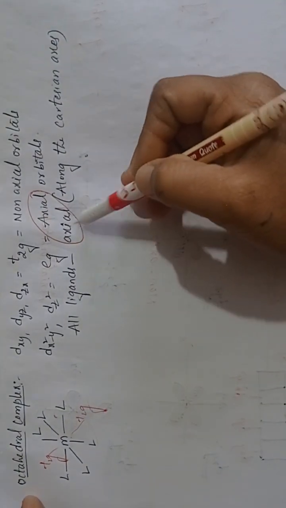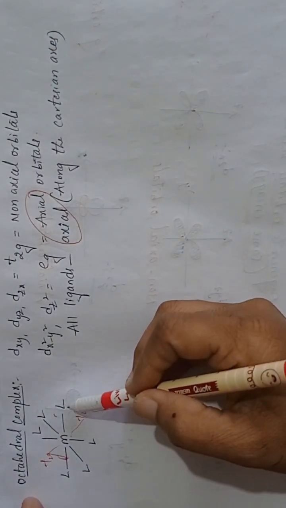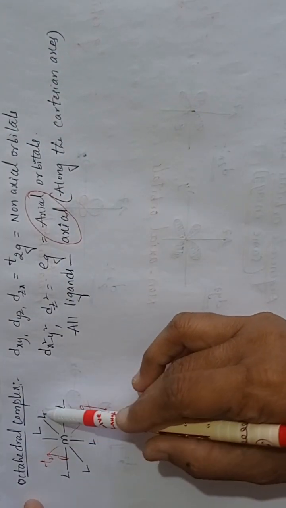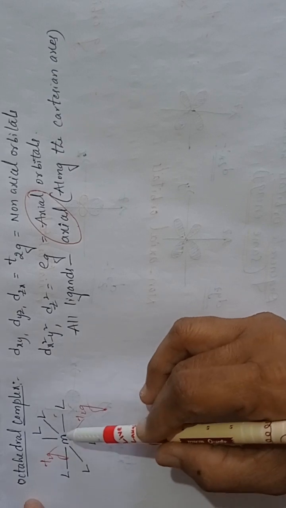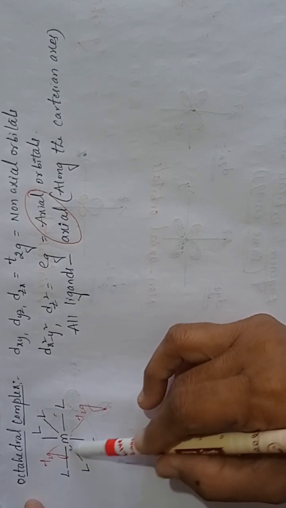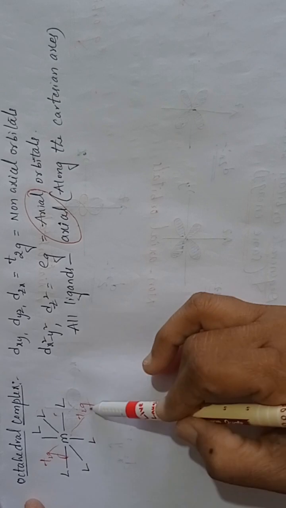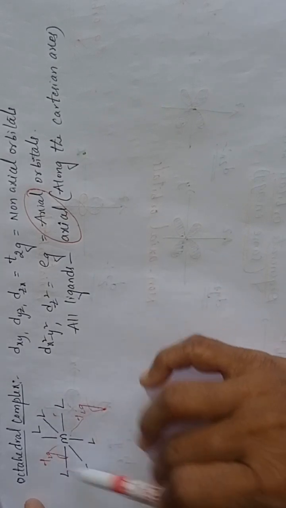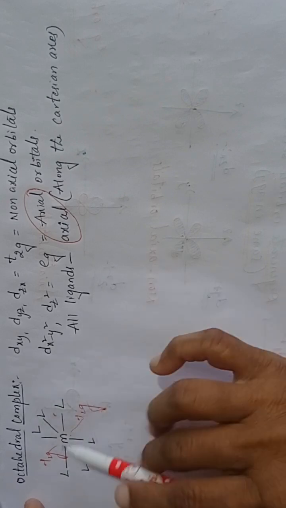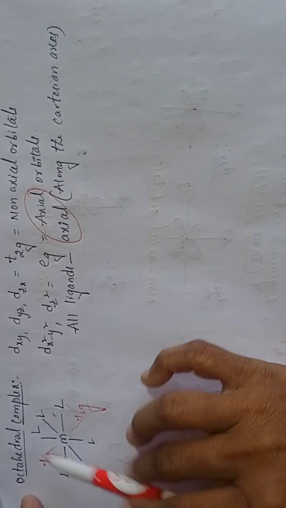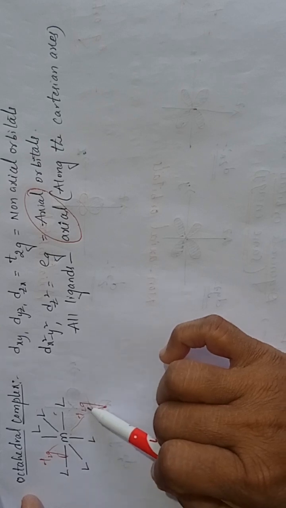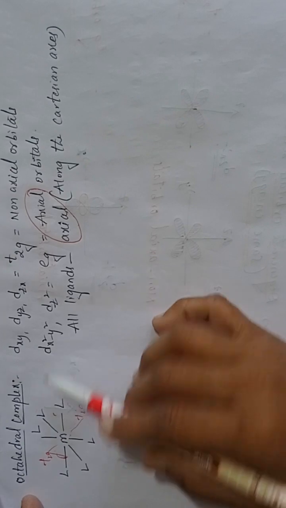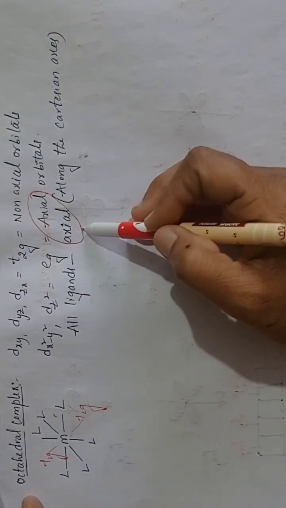So all ligands strongly repel the Eg orbitals of the central metal atom, more than the T2g orbitals, because T2g orbitals are not in the same plane as the ligands. They are in between the Cartesian axis, so they are not in the same path. That's why the 6 ligands strongly repel the Eg orbitals.